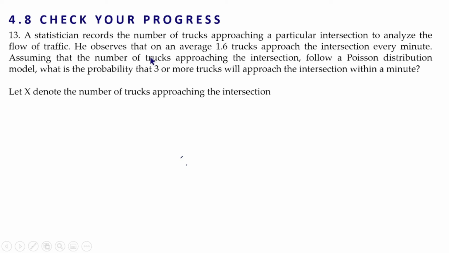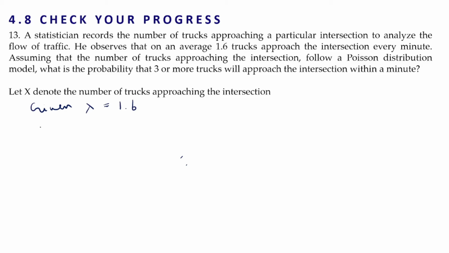So in this question it is given average 1.6 trucks approach the intersection every minute. And here we take x to denote the number of trucks approaching the intersection every minute. So here it is given lambda is equal to 1.6 trucks per minute.